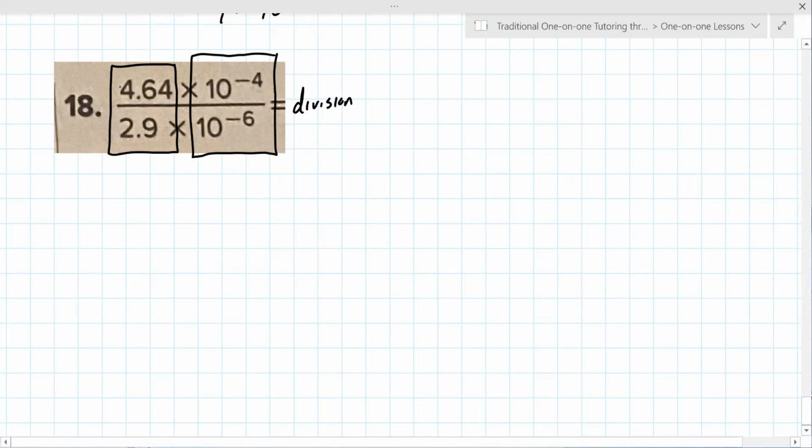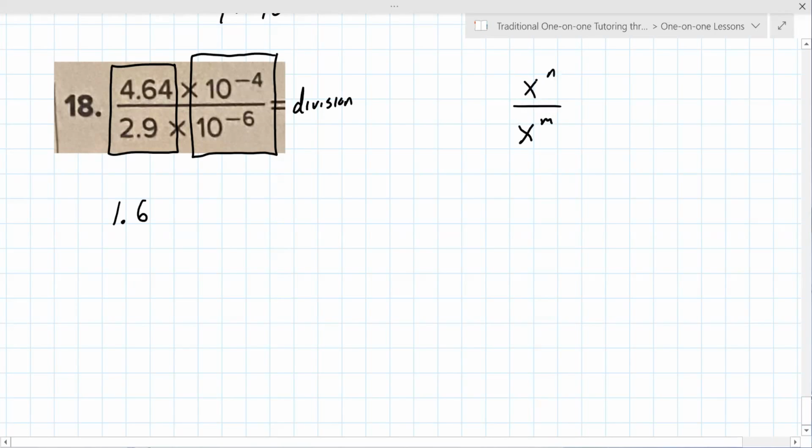Oh yeah. Okay, 4.64 divided by 2.9. 1.6. Okay. Now this time the bases are the same, but you're dividing. Do you see that? Yeah, I see that.